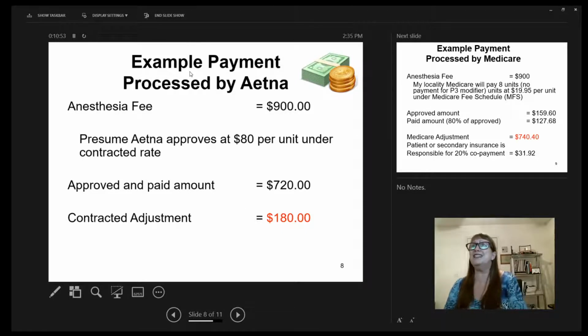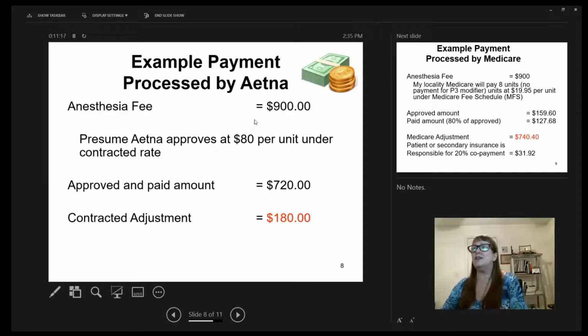So I'm going to pretend Aetna is contracted with you, and you're going to file your claim for your anesthesia bill of $900, and you have a contract with Aetna where they will pay you $80 per unit. So they will approve, and we'll pretend they're going to pay and not give the patient a copay or deductible, but if you need help with that kind of stuff, that's what the suggestions are for.